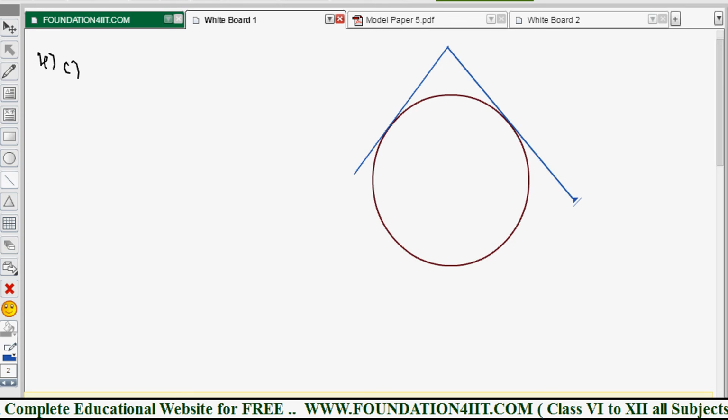From S to T, tangents, and by joining these lines, these two lines are joined, and RT, the points of contact, are joined here together.